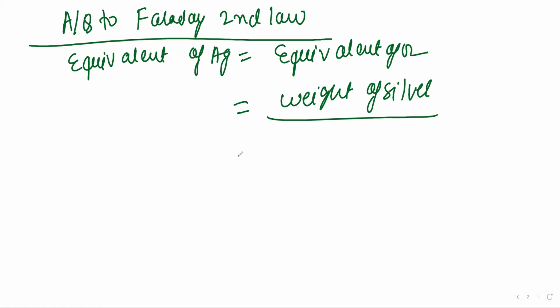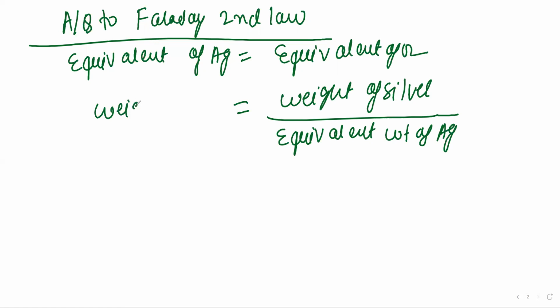Equivalent weight of Ag is equal to weight of O2 divided by equivalent weight of O2.